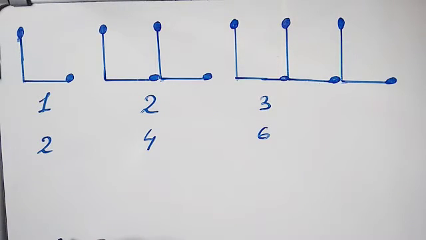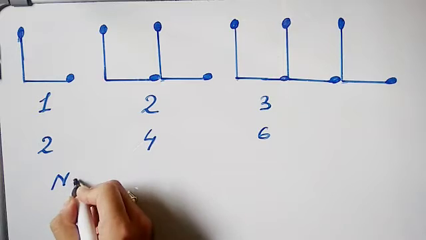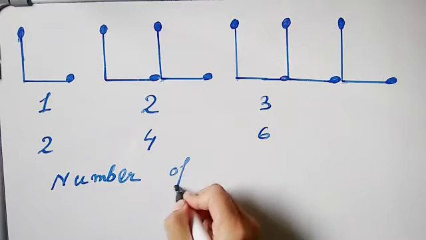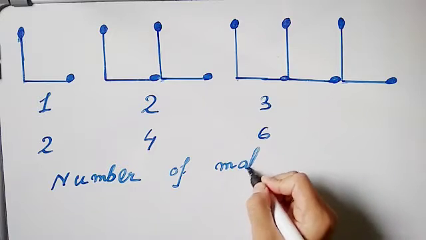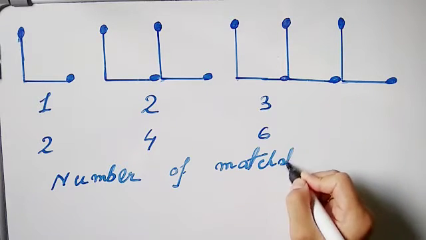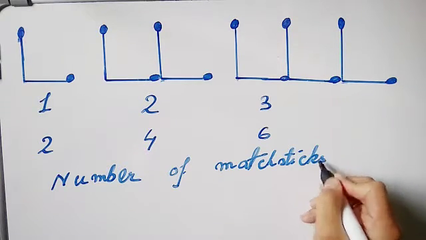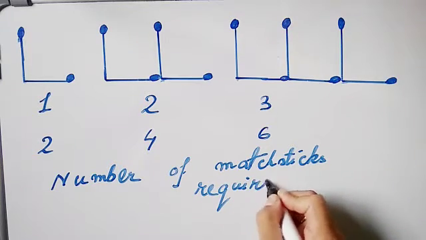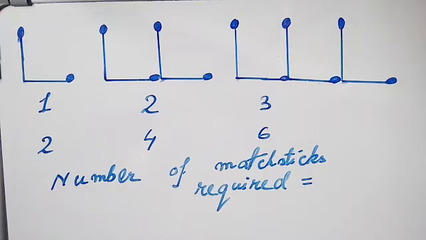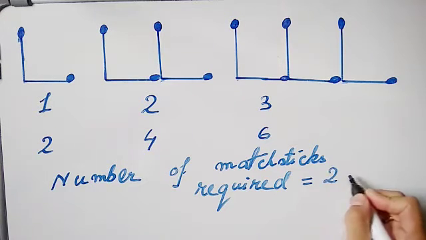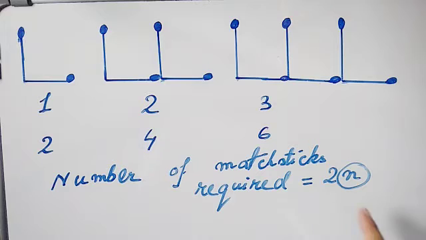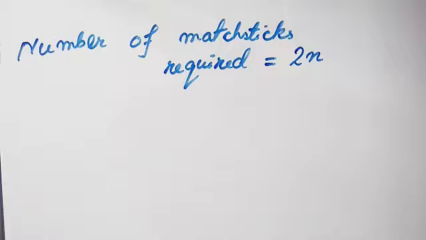So the rule to find the number of matchsticks required will become 2n, and we already know that n is a variable and it denotes the number of L's formed, right?